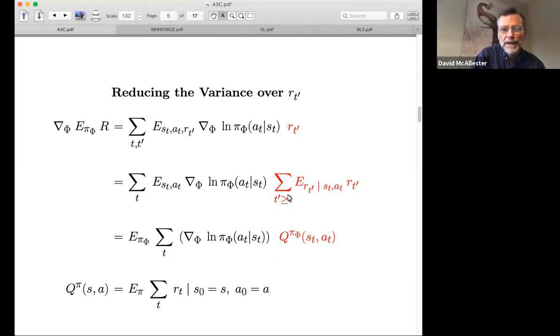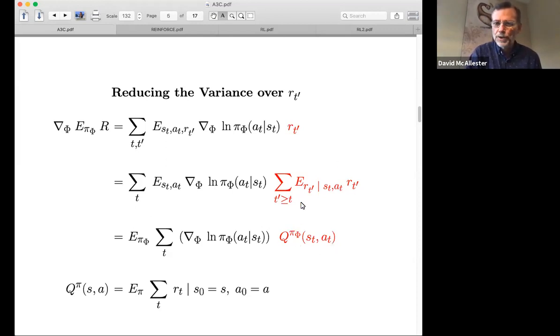And I can move the expectation. The first thing is just the expectation over the first 2 variables. I can move the expectation into this second term, the expectation over the second reward. And this sum can be written as a Q function.